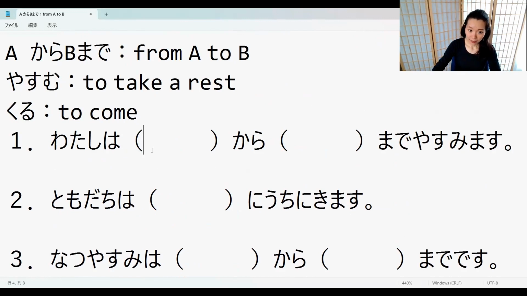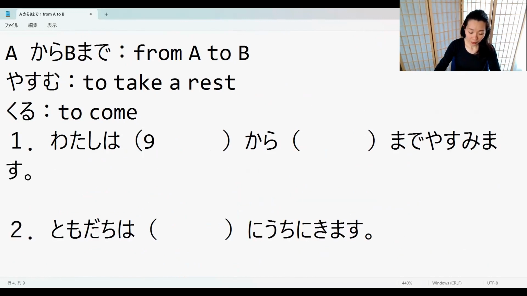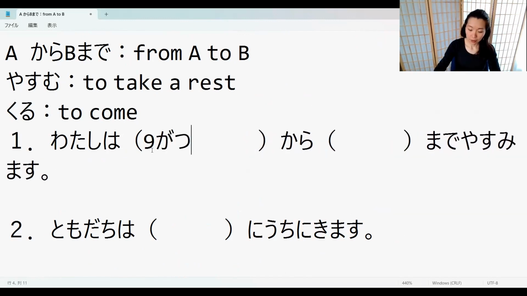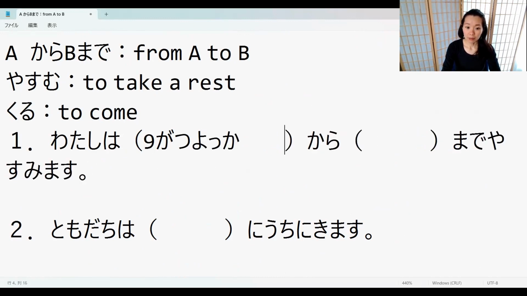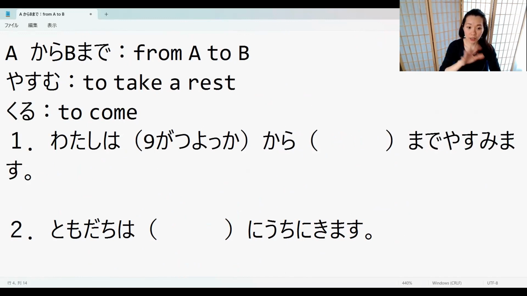answer. So I said 私は means I am. 9月, I just use a number, 9月, and the pronunciation is 9月4日. I wrote the hiragana, though normally we don't. So I said 9月4日. 9月 we learned: 9 is Q. Then 月 is month.